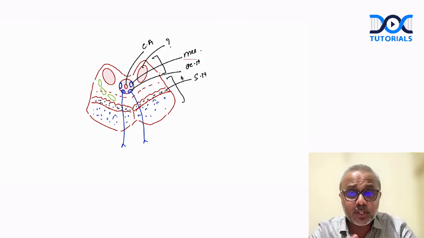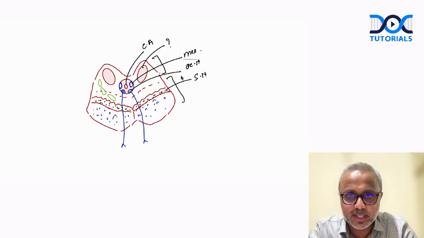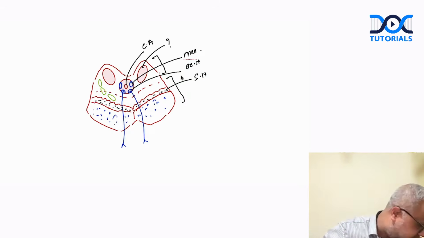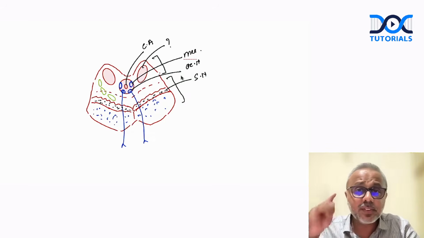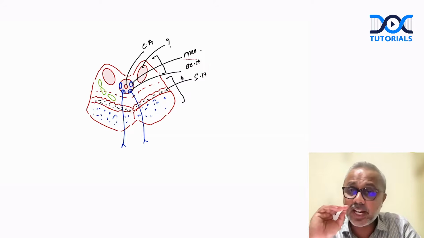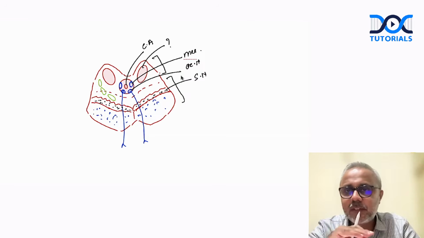If we are drawing the section of midbrain at the level of inferior colliculus, you can just open your book and check. You will have one more nerve tract, and that is the lateral lemniscus. Lateral lemniscus is associated with the hearing pathway, and it ends at the level of midbrain at the level of inferior colliculus.